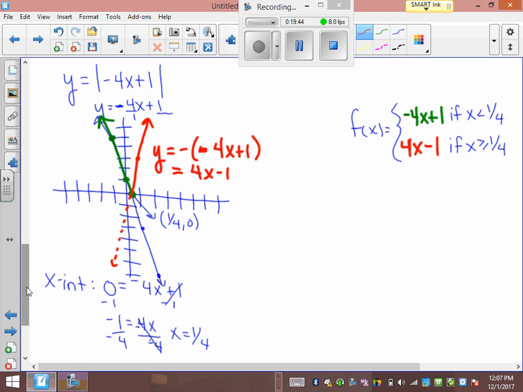So I'm going to distribute that negative in, and now it actually follows this red line, which is the negated version of it, when I'm on the right of a quarter. So I write it here. So these two pieces make up this V above this absolute value. These are the two piecewise functions, two pieces of a function that make up that equation. Okay? Yeah.